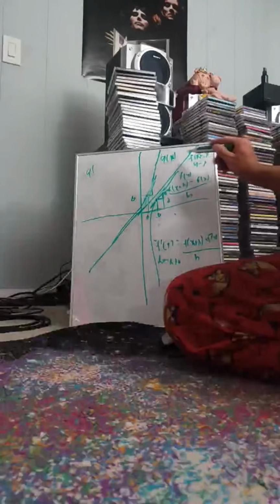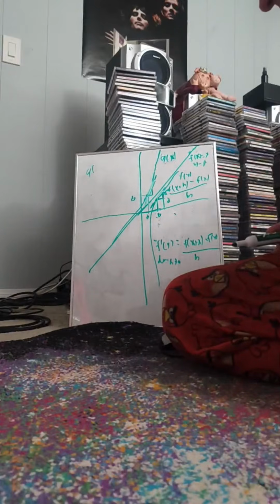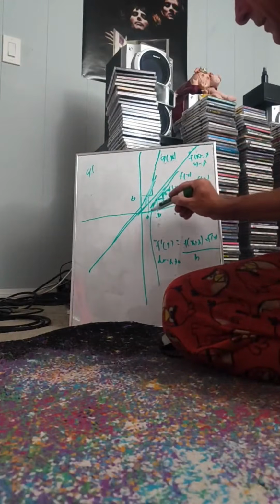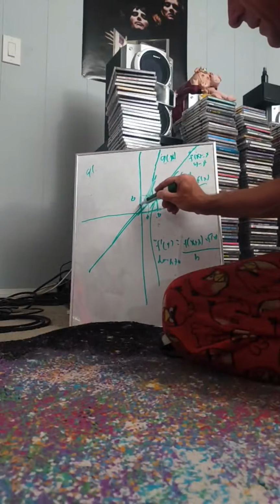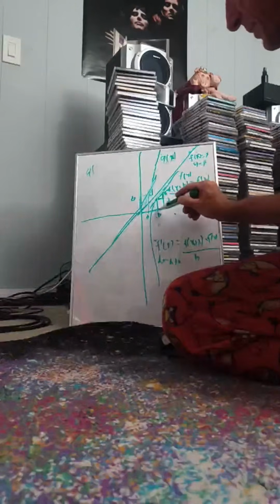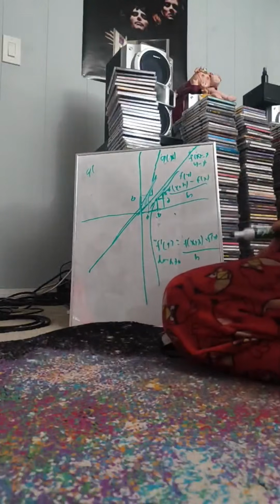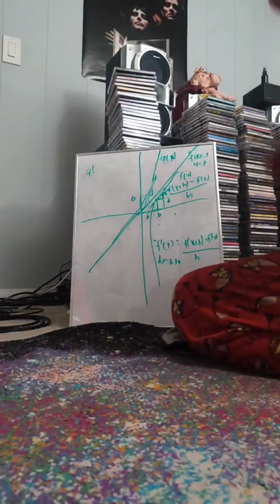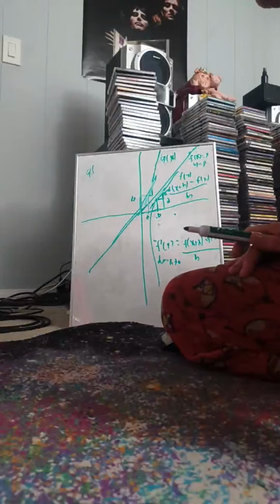It just works out that way if these functions are reflexive, symmetrical about the line y equals x. They're inverted. So if this is B, this is A, the corresponding point is B and A, reversed. It's because they're inverse functions. They undo each other.